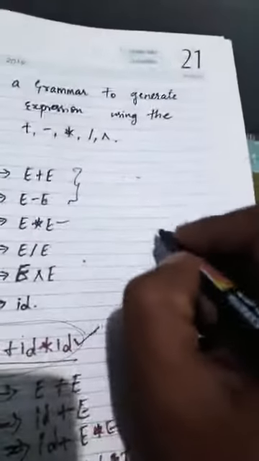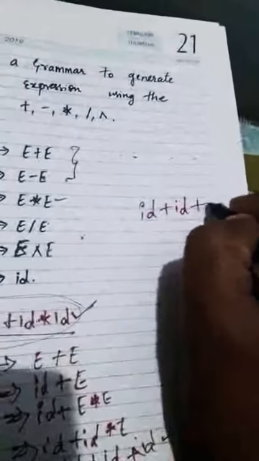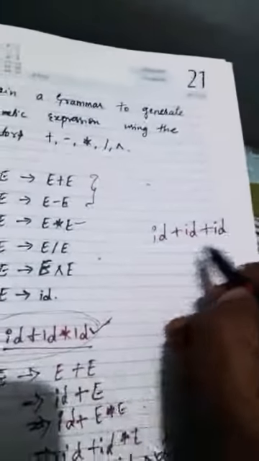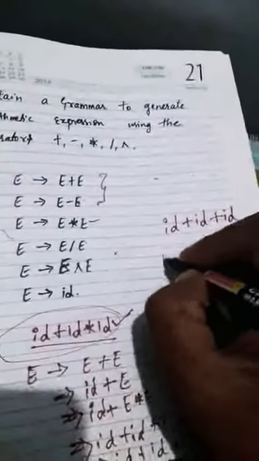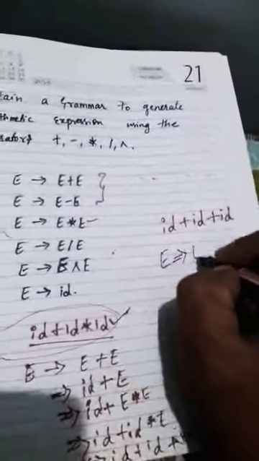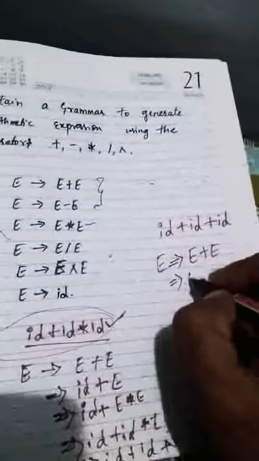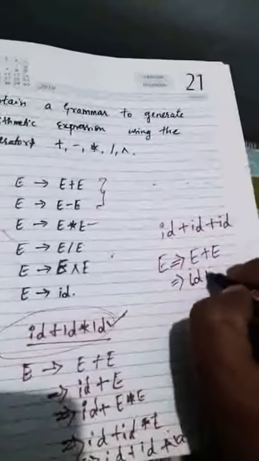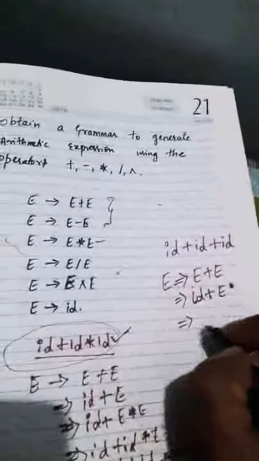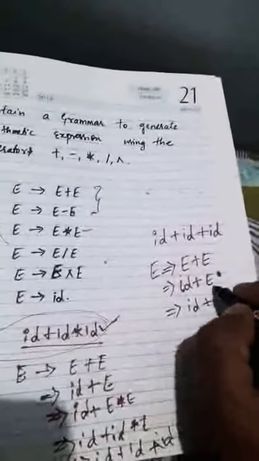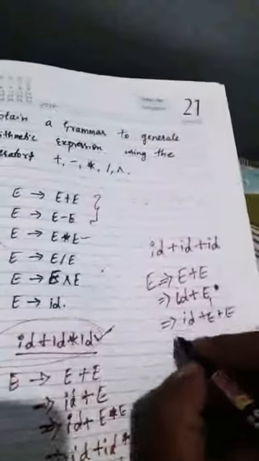Let me take one more. Suppose we take id plus id plus id, where 3 times I am performing the sum operation. So it looks like E tends to E plus E, leftmost derivation, this I will make as id plus E. Next E plus E, this I have replaced.